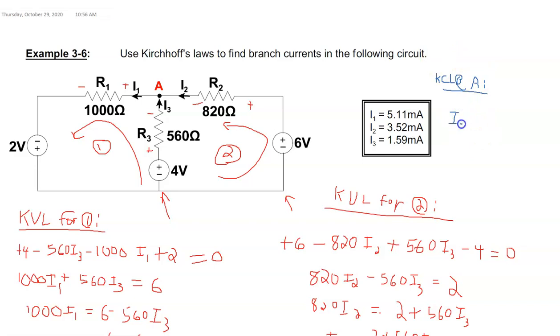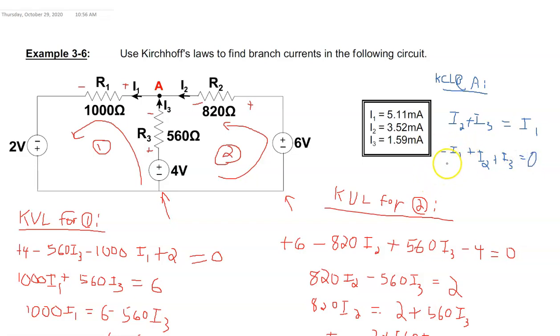So we got I2 plus I3 equals I1. Or we got negative I1 plus I2 plus I3 is equal to 0.